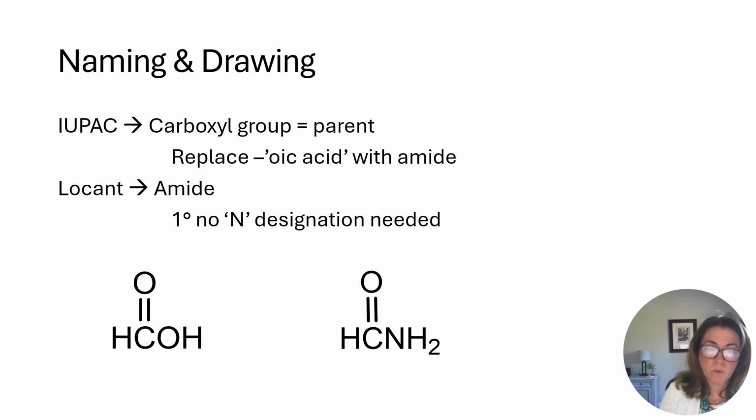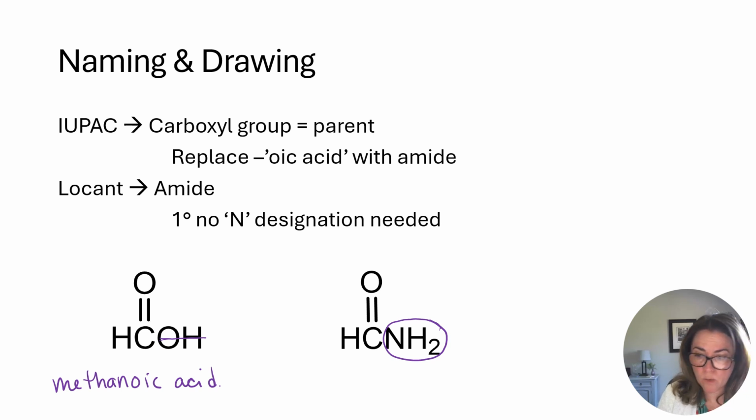So, we've seen this acid before, right? We've named this before. This is methanoic acid. Now, as soon as that gets replaced with an NH2, I have the same formula here, but instead of the hydroxyl, I now have an amine.